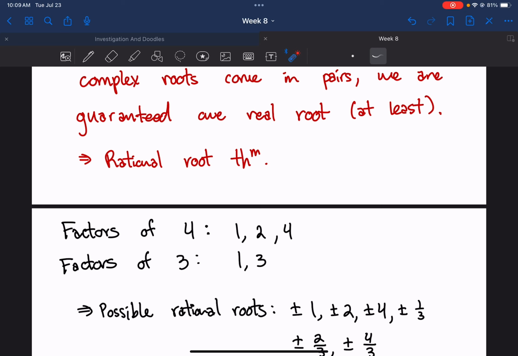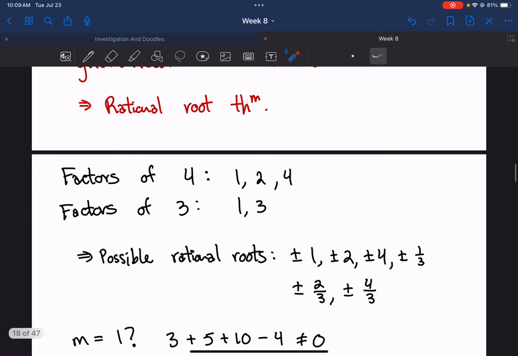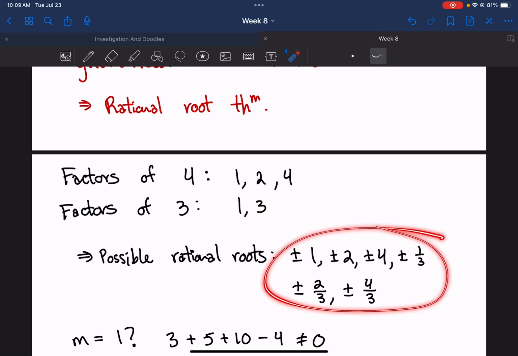Factors of 4 are 1, 2, 4. Factors of 3 are 1 and 3. So the possible roots are 1 over 1, 2 over 1, 4 over 1, 1 over 3, 2 over 3, 4 over 3, with pluses and minuses.